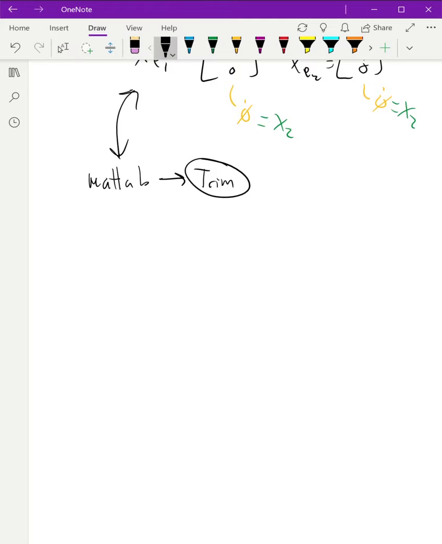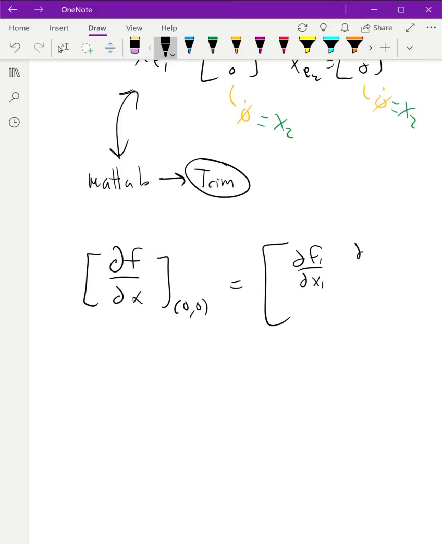So to linearize a system, we find the Jacobian of the system about the equilibrium point. The Jacobian is defined as df1/dx1, df1/dx2, df2/dx1, df2/dx2.